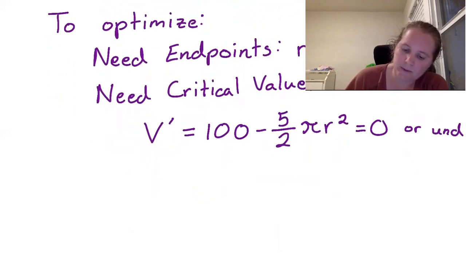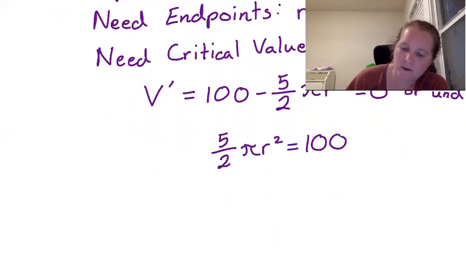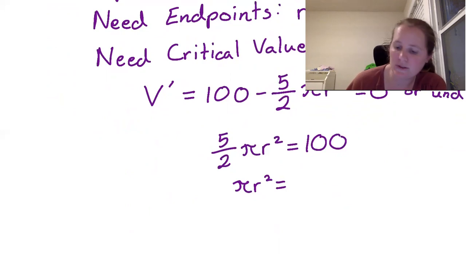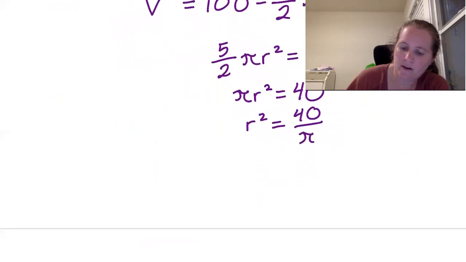So what we wind up with is 5/2 pi r squared is equal to 100. Or pi r squared is equal to 100 times 2/5, which is 40. R squared is equal to 40 over pi. Or r is equal to the square root of 40 over pi.